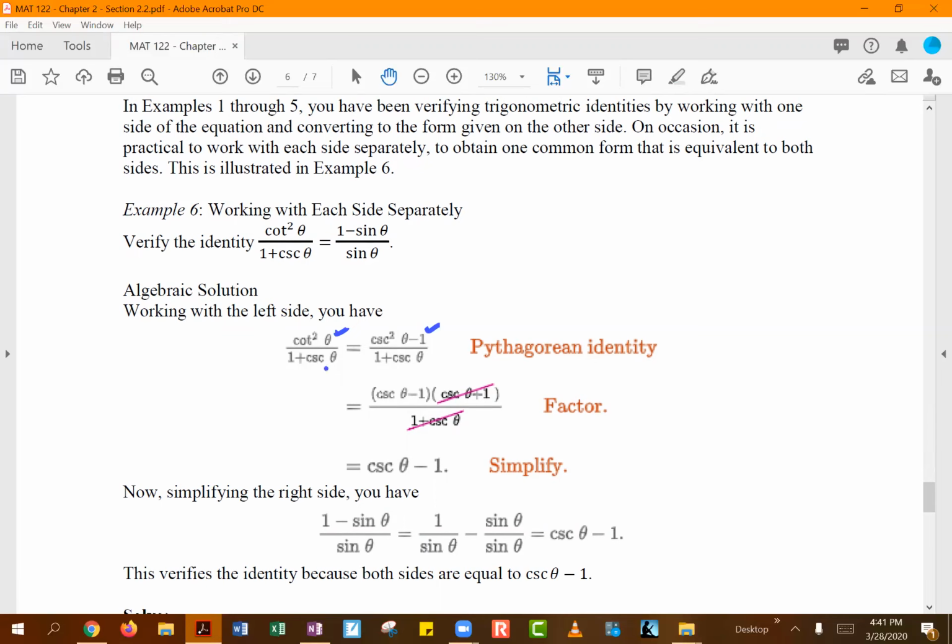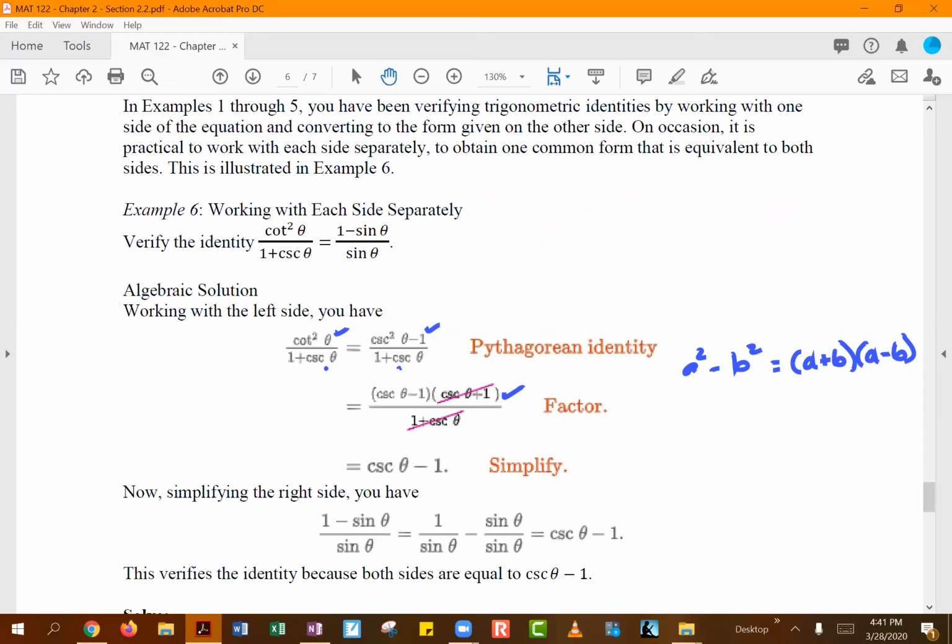You're leaving the denominator the same. And then since cosecant squared theta minus 1 is in the form of a squared minus b squared, you can factor it into a plus b, a minus b, which is how they're getting this numerator here being factored. So that's cosecant theta minus 1 multiplied with cosecant theta plus 1, and then leaving the denominator as it is.